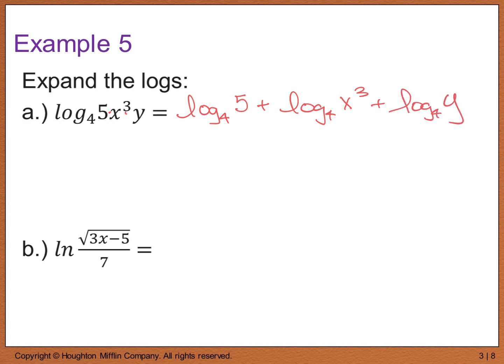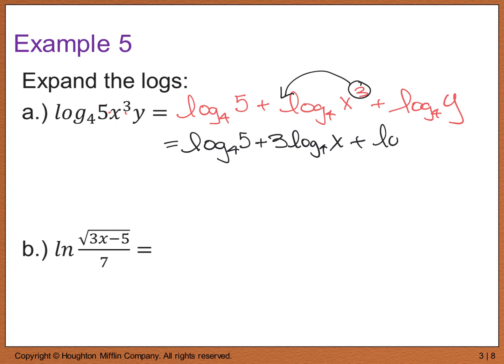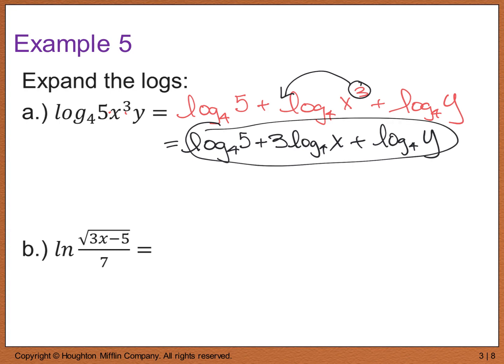Now the only thing that needs to be changed is this exponent. I can bring this down up front. So now I'm left with log base 4 of 5 plus 3 times the log base 4 of x plus the log base 4 of y. And this right here would be my expanded form.